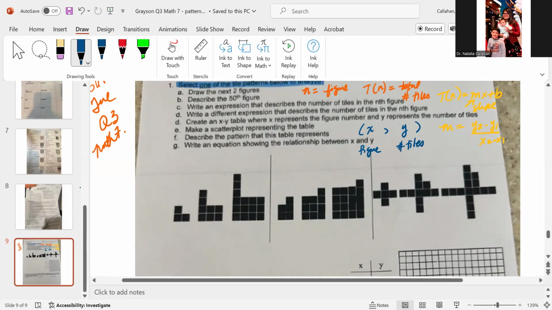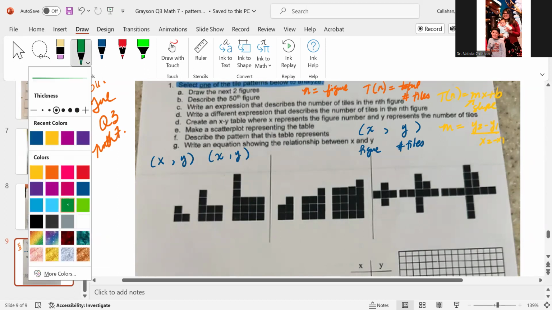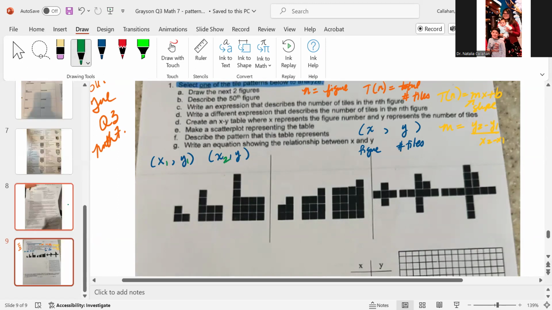If you have 2 different points, you have to label it so that the first one is x1, y1, second one is x2, y2, and you plug it into this equation. Does that make sense?